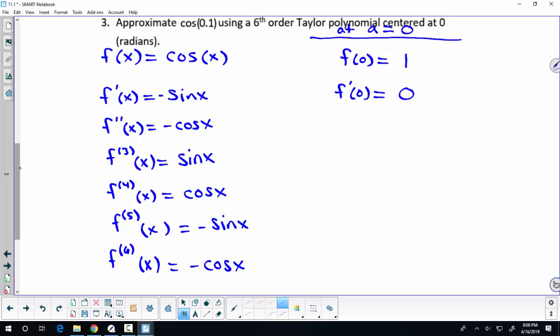And so what that's going to do for our Taylor polynomial is just zero out that term. So 0 there, we've got negative 1 here, 0, positive 1, 0, negative 1.